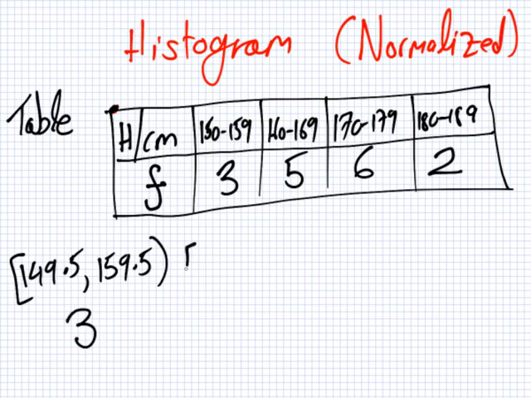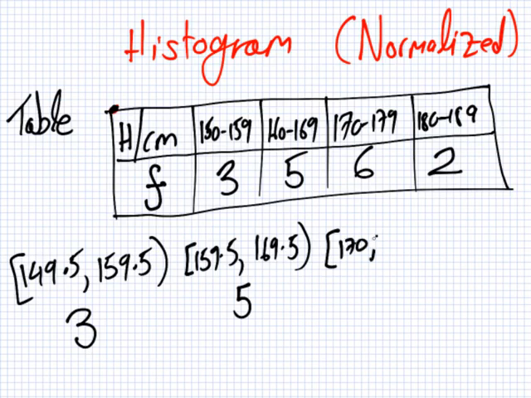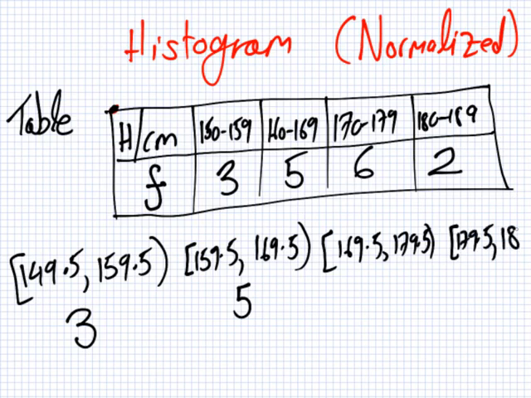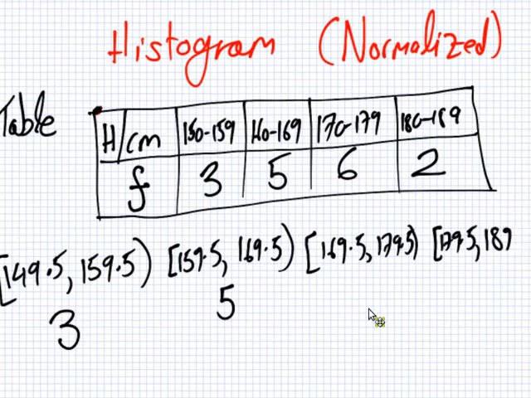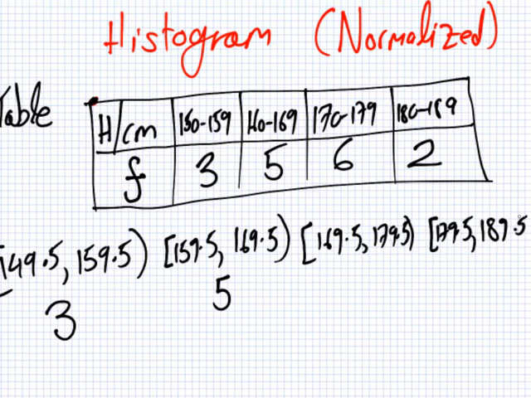The second class is 159.5 to 169.5, and we have 5 in this class. Next is 169.5 to 179.5, and then the last one, 179.5 to 189.5. And here we have 6 and 2.